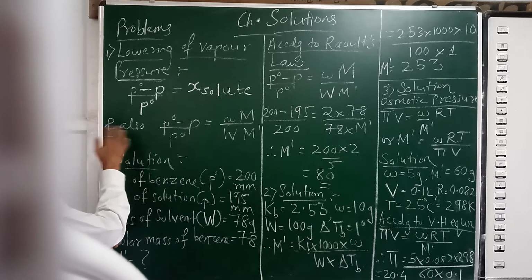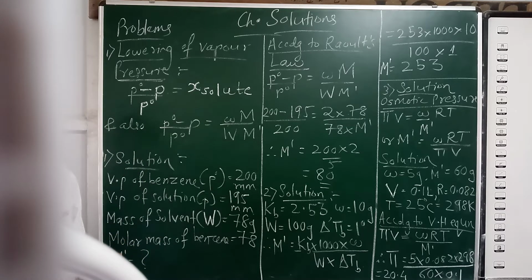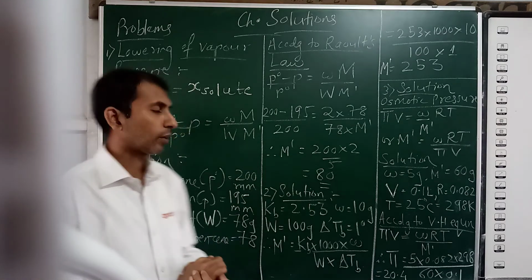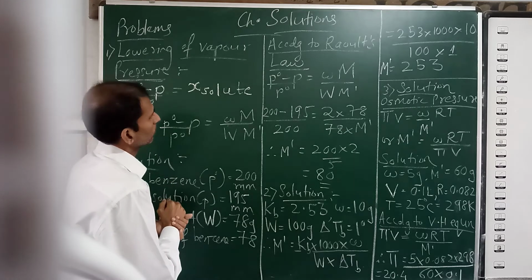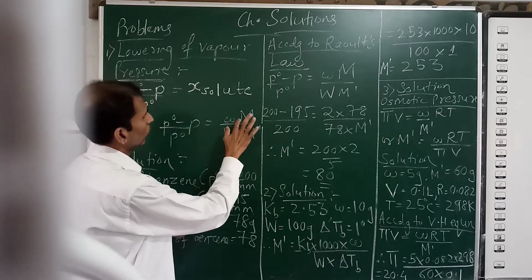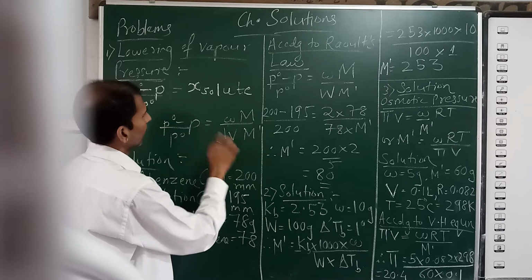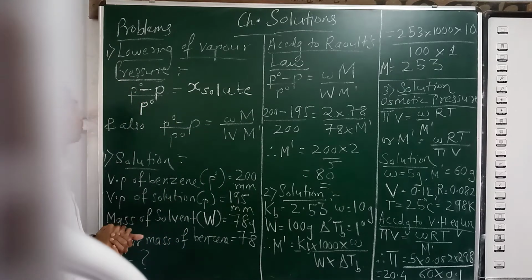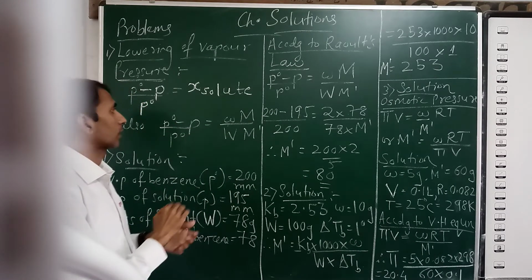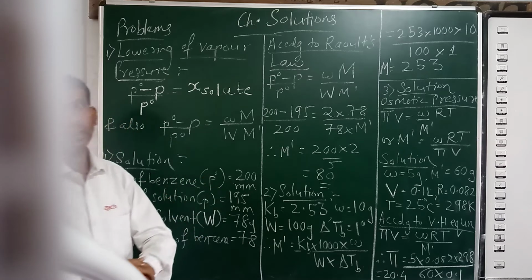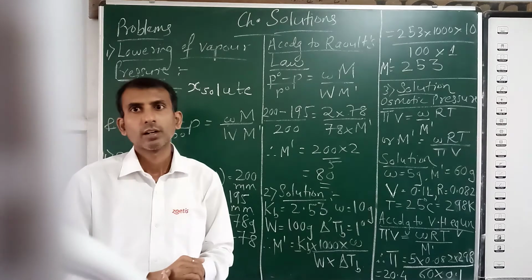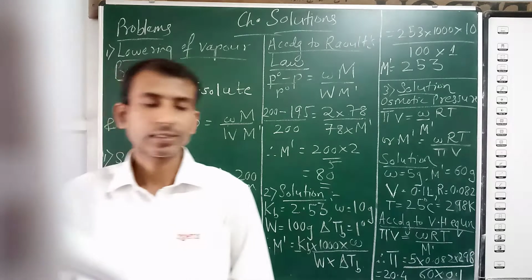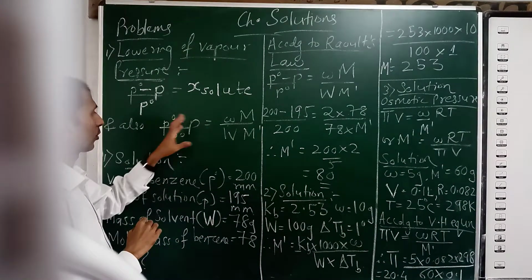And also we have the equation for lowering of vapor pressure given by P naught minus P upon P naught is equal to W into M, capital M, and we have one more mass here, capital W multiplied by M dash. And you also know the meaning of each term which is involved in this equation.